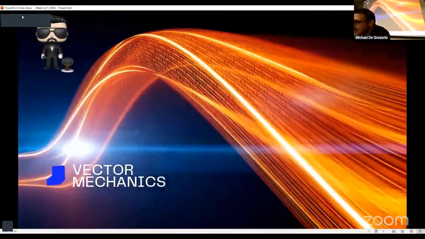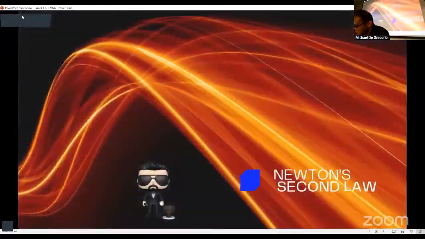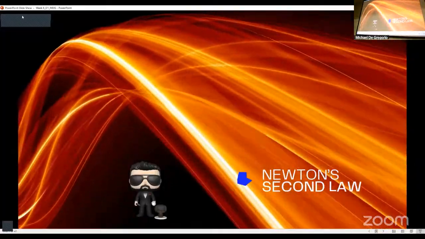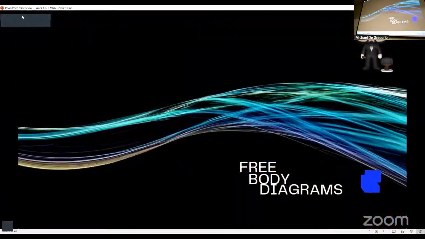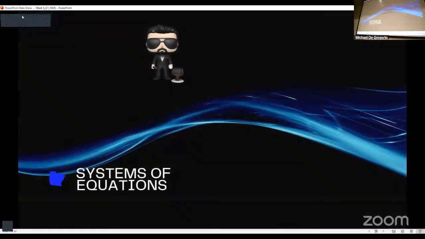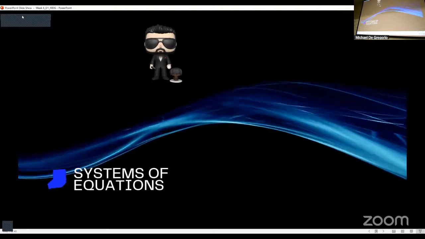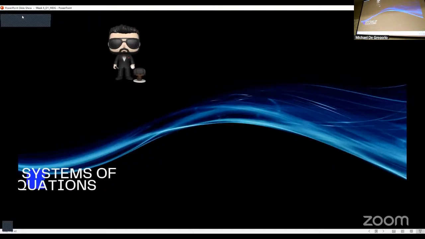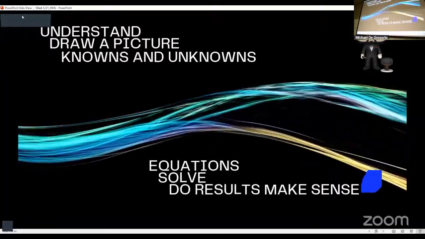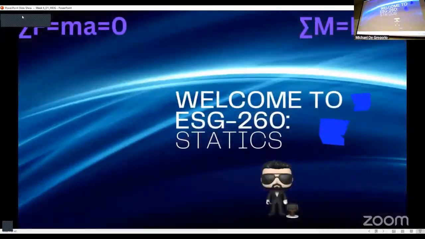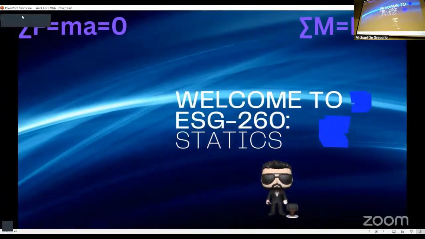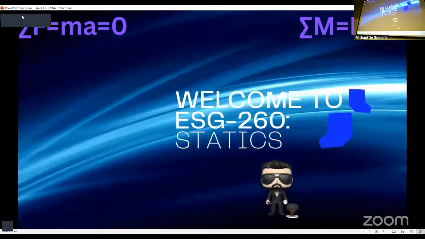Sure, you can ask. Okay. So you're putting a distributed load across the beam. So the problem is once you apply a distributed load, it's no longer a truss.